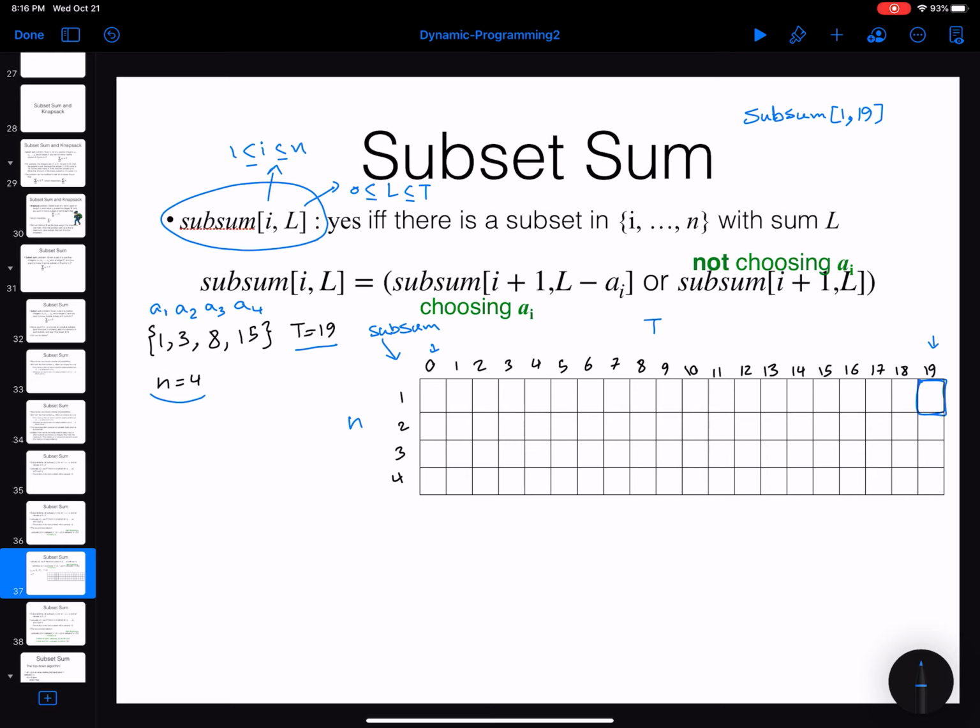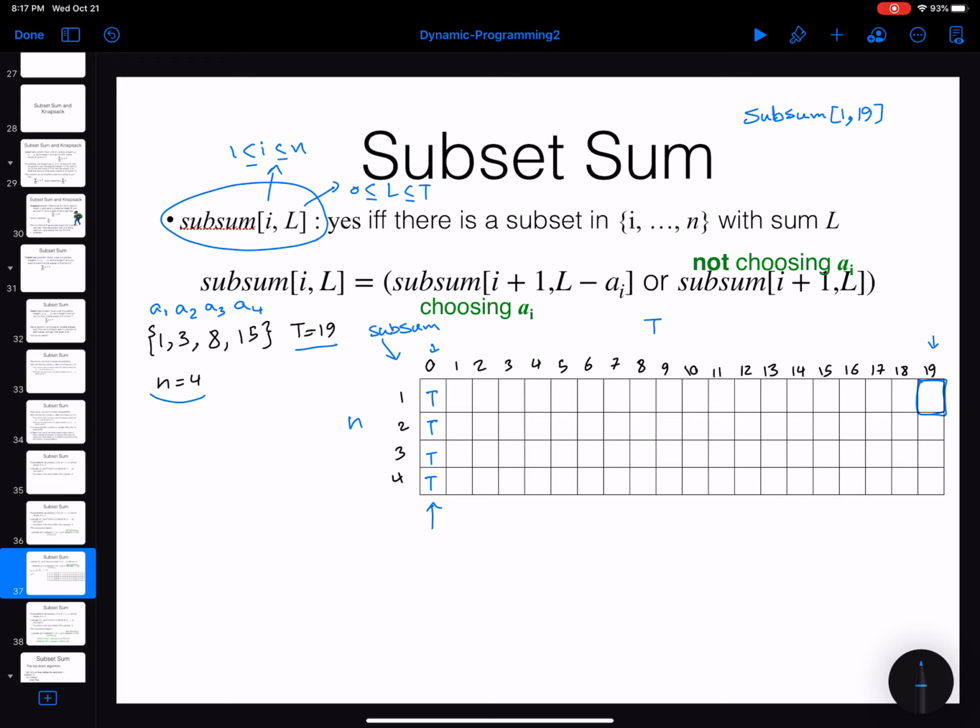How am I going to fill this table? The very first thing that I know is if the target is 0, basically if you don't choose anything, the summation is going to be 0, and so the answer for all the cells in this column is going to be true. So I can just put true here. This is the very first thing that I can solve.